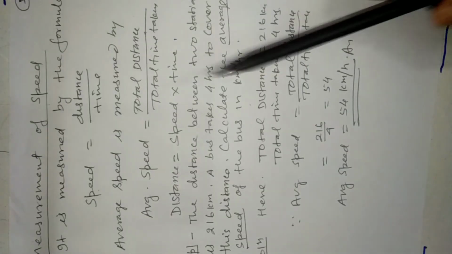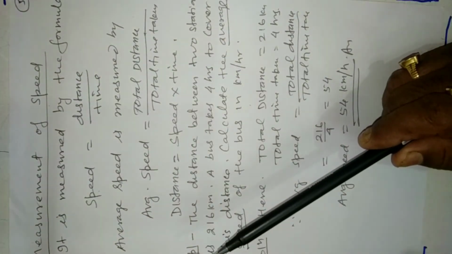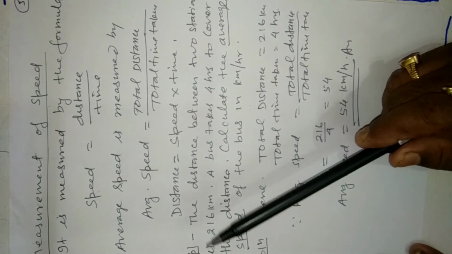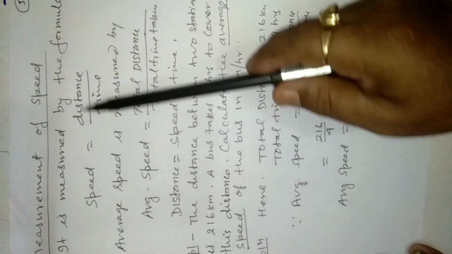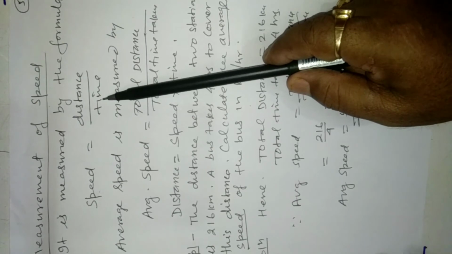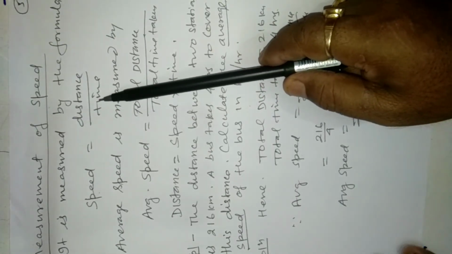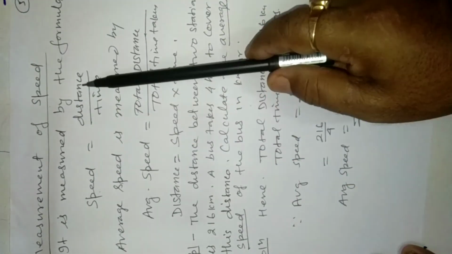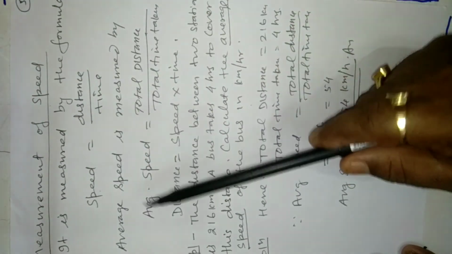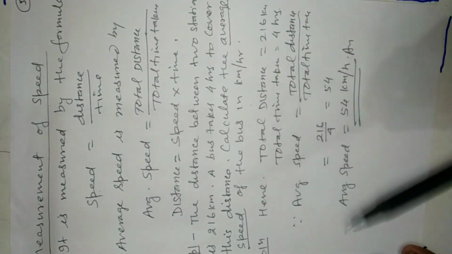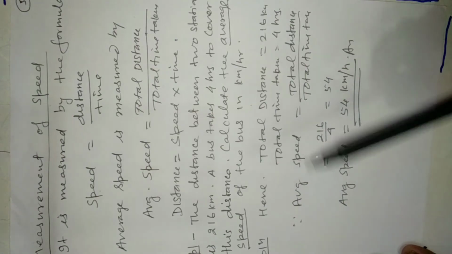Now come to the measurement of speed. How can you measure the speed? Simple speed can be measured by this formula: distance by time. What is the total distance covered in time? That is the speed. Now average speed means the body is moving with different speeds and times.